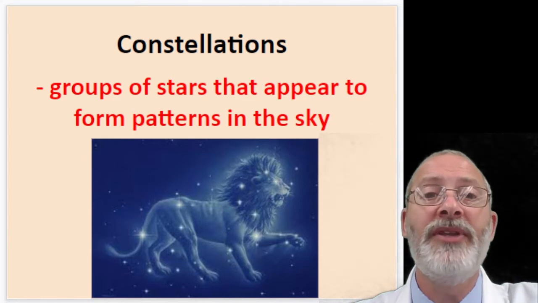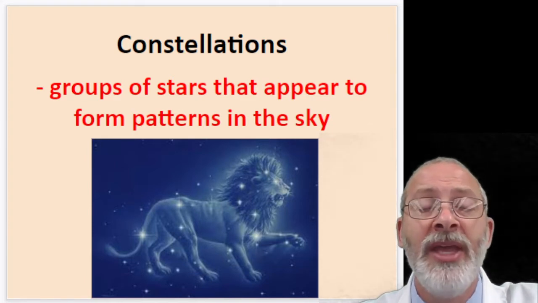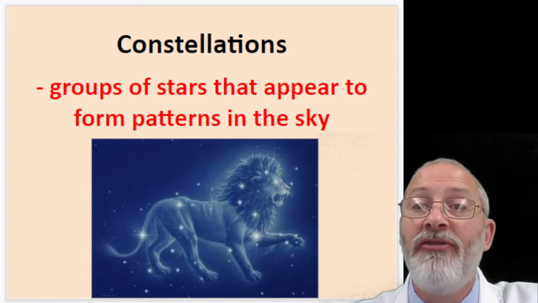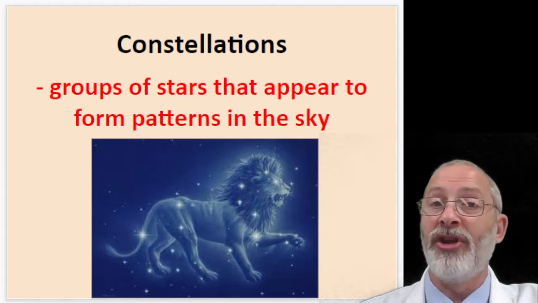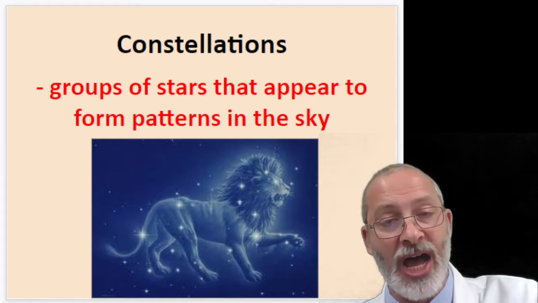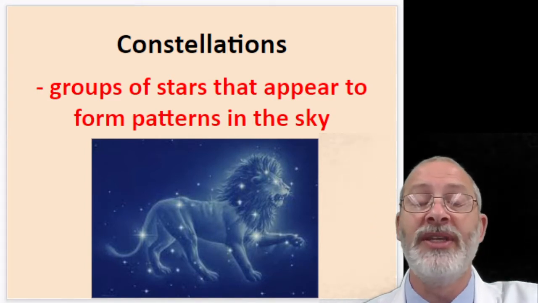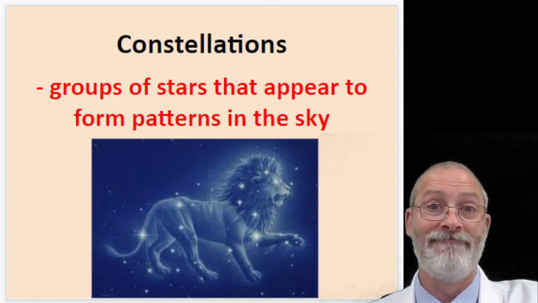And what people have done throughout history is play the game Connect the Dots. Some of the brighter dots, when connected, form certain patterns in the sky, and different cultures at different times would see different things. For instance, how many of you have ever heard of the constellation Leo?